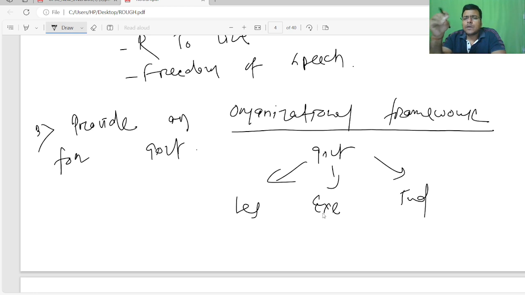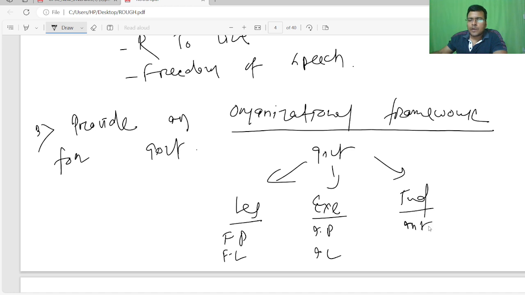So how these three organs function, this we can call the organizational framework of government. Legislature, as we already know, formulates policy, formulates law; executive implements policy, implements law; and judiciary interprets policy and law.